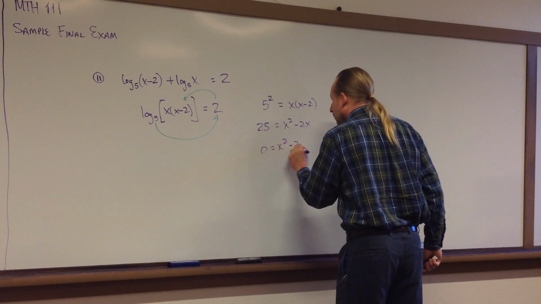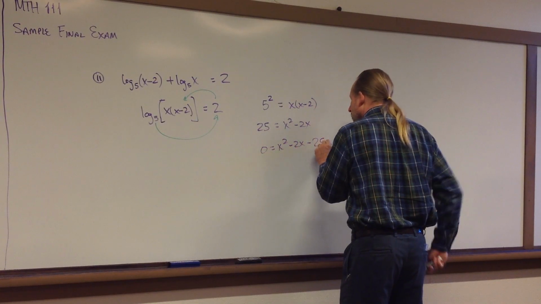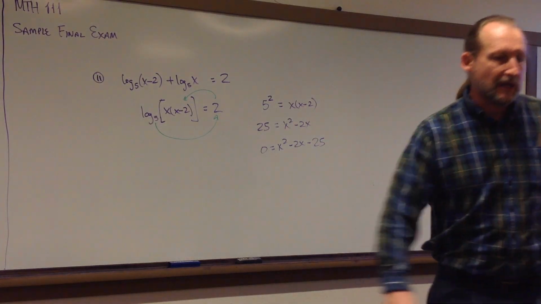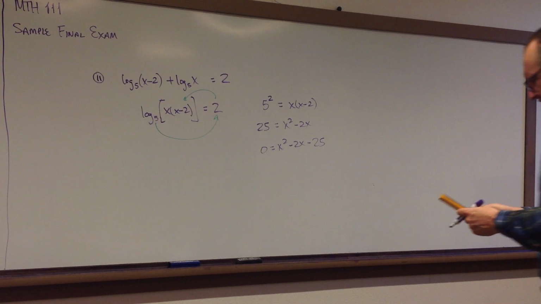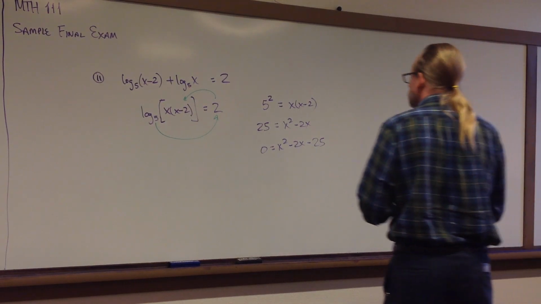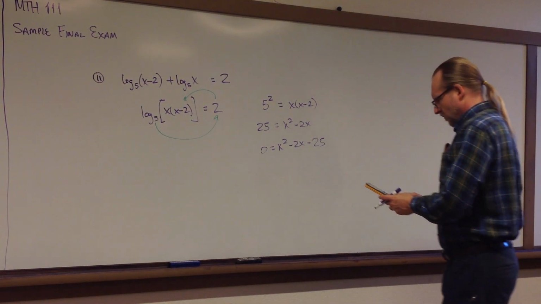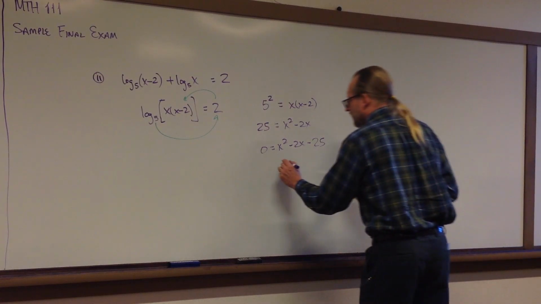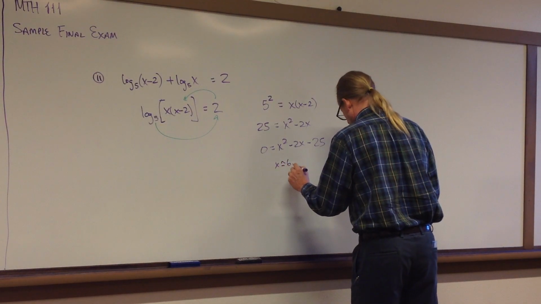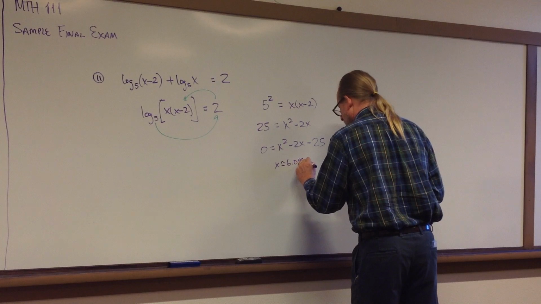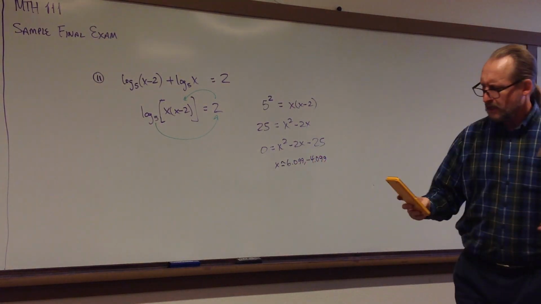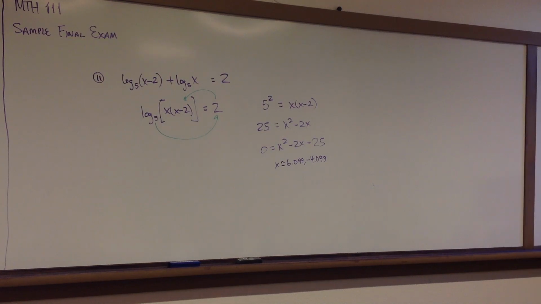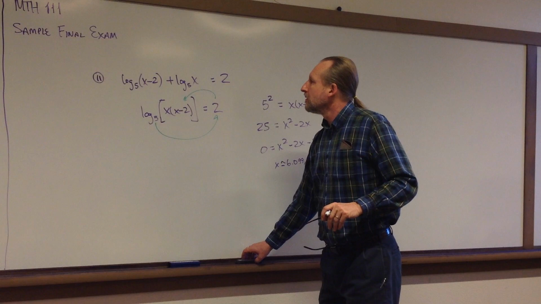And we come out with a quadratic x squared minus 2x minus 25. And so we can run this through the quadratic formula. And we get x approximately equal to 6.099 or negative 4.099. Okay, well, that's problem 11.